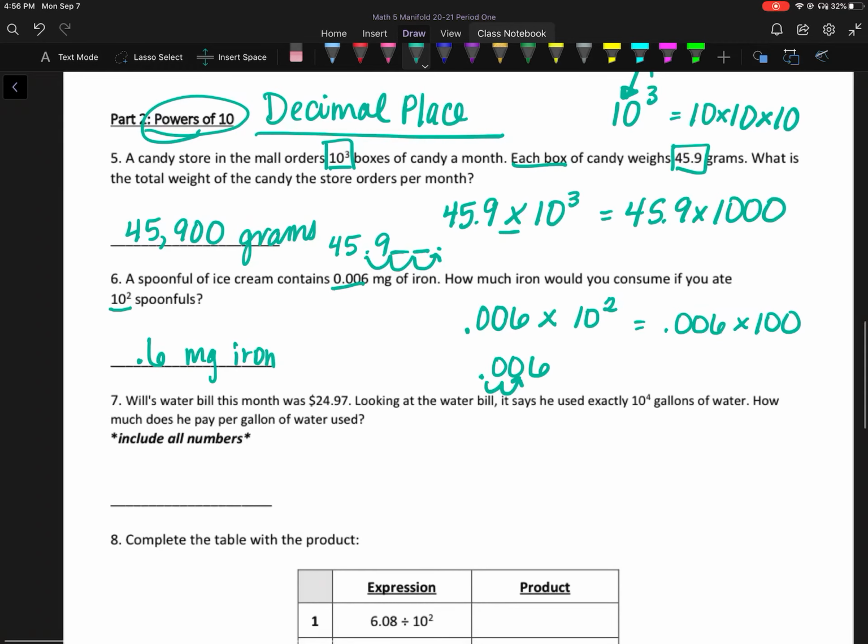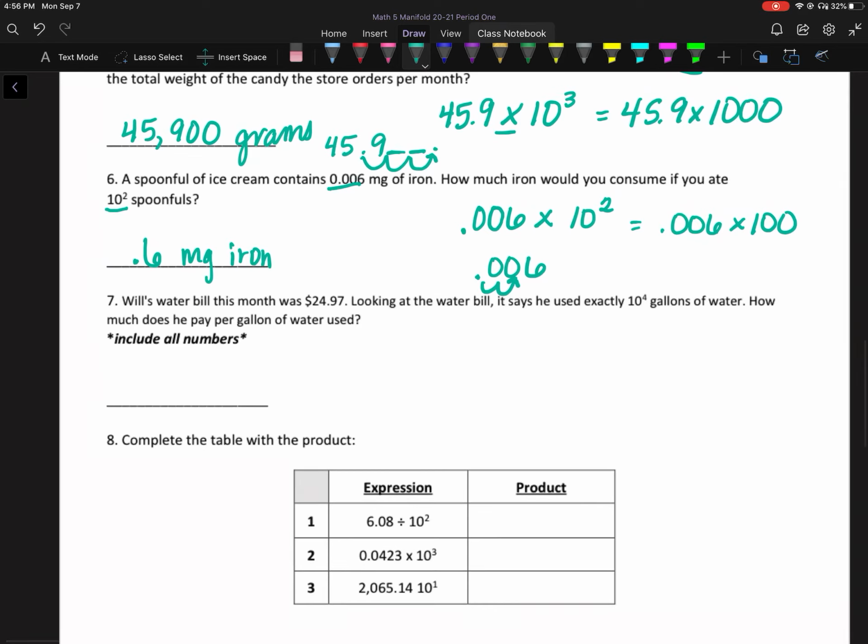So Will's water bill this month was $24.97. Looking over the bill, it says he used exactly 10 to the fourth power gallons of water. How much would he use for only 1 gallon? So if he used 10 to the fourth power, we want to know how much only 1 gallon would cost, which means it's going to be a really small number. 10 to the fourth power is also the same as saying 10,000 gallons.